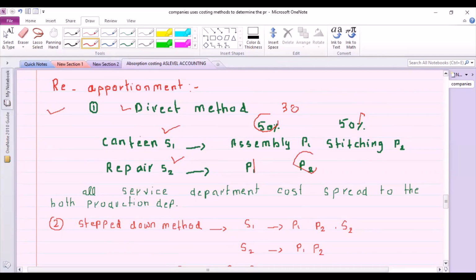You should share the fixed overheads of service department 1: to production department 1, only 30% of its fixed overhead cost, or 70% to production department 2, which is stitching. So basically they could say anything: 30%, 70%, 20%, 80%.